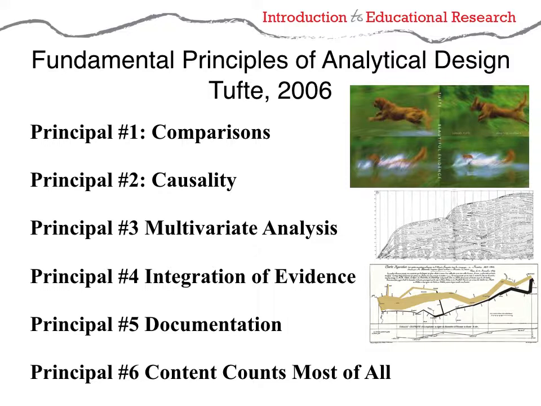Okay, so principle one, comparisons. In science and in analysis, we're showing comparisons of numbers of different factors, which is typically leading to showing some directionality or causality. Principle three, it's a multivariate world.